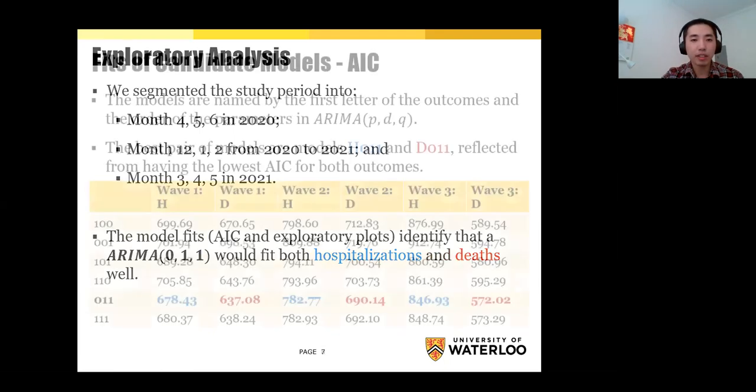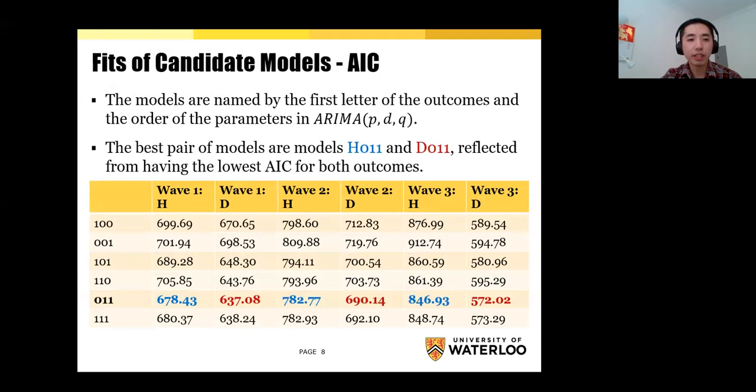So here is the result. First, looking at the numbers, the AICs. Here again, we are using ARIMA models, and for each row we have one model, so there are 6 candidate models at the very beginning.